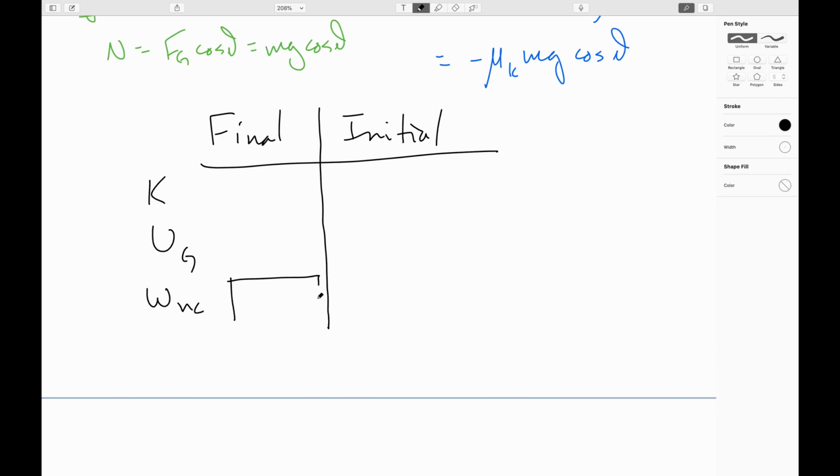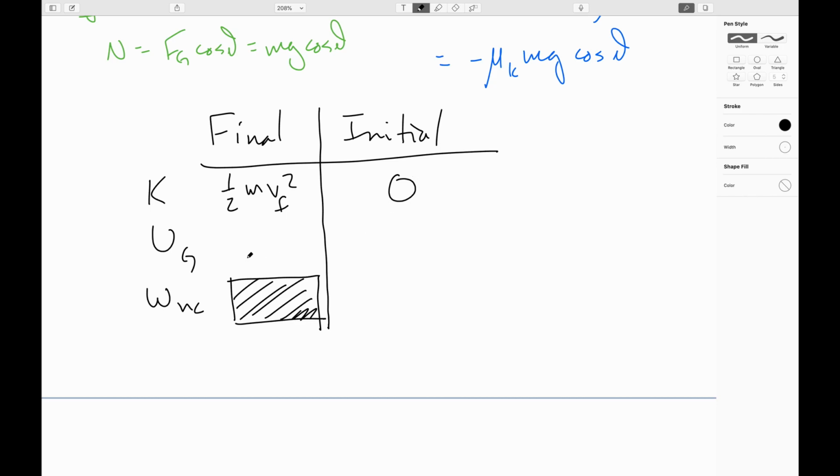So whenever we put in this variance for work done by non-conservative forces, first thing I do is just put a big huge box right there on the final side so I don't feel like writing anything there. And so now we can go ahead and put in our expressions. So our expression for our final kinetic energy will be 1/2 mv final squared. Our initial kinetic energy, well, we nudged it from rest. Starting from rest would mean it's 0.